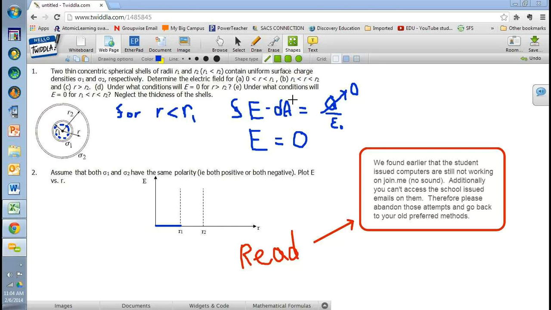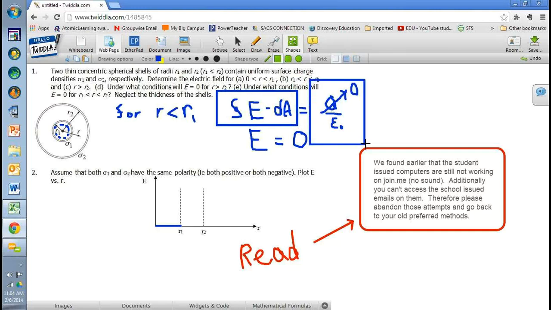One way to find the net flux is to take the sum of E dA. That's equal to the flux. Another way to find the flux is Q divided by epsilon naught. On the left-hand side, we'd have E times 4 pi r squared.